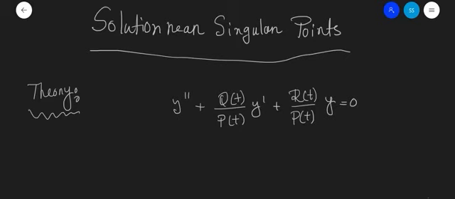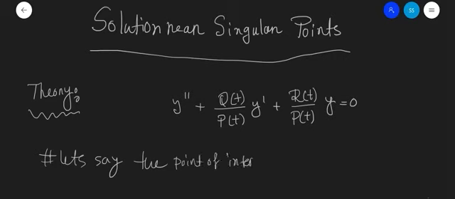So this is the kind of equation that we will be dealing with, and let's say the point we are interested in, that is the solution reference point, is t equals to 0. So let's say the point of interest is t equals to 0, and now what we want to do is that in this equation we want to multiply with t squared.